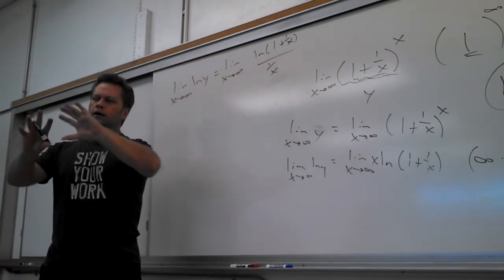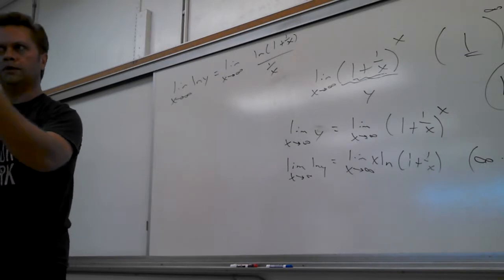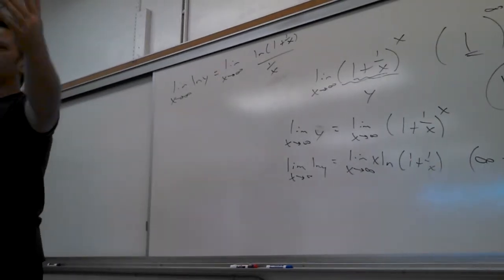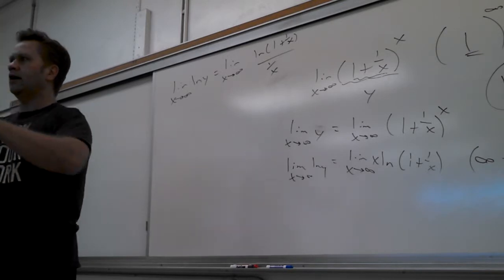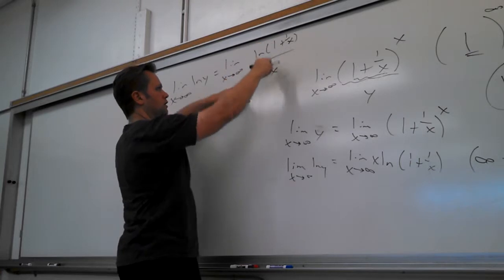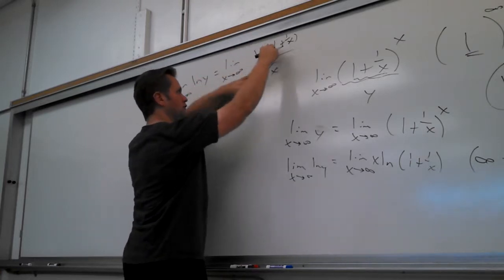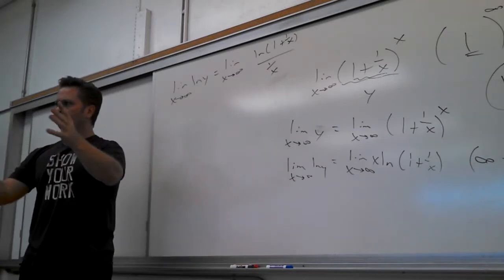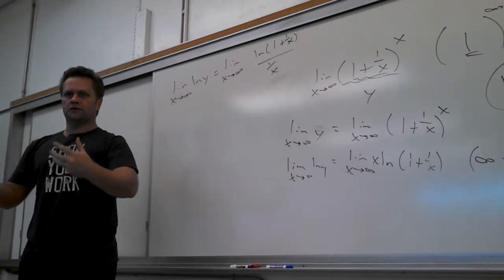Now, real quick, also, you've got L'Hopital's and you've got quotient rule, right? This is not quotient rule, just to head that off. L'Hopital's says that the limit of this function to this function is the same as the limit of the derivative of this function to the derivative of that function. It's not a derivative rule. It is a rule about limits.